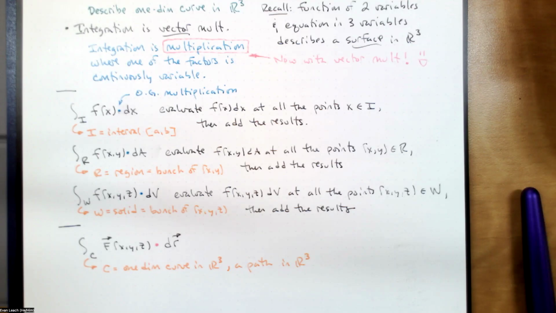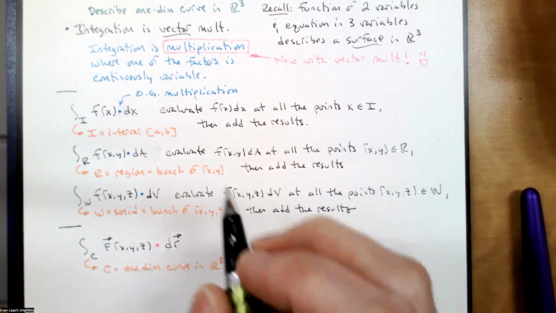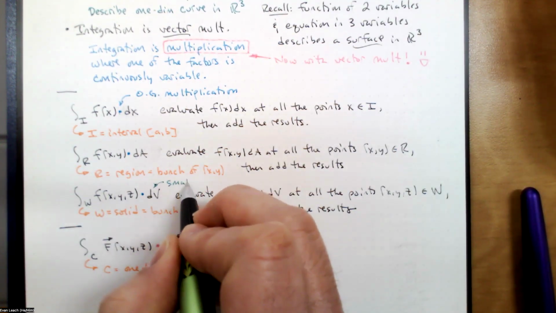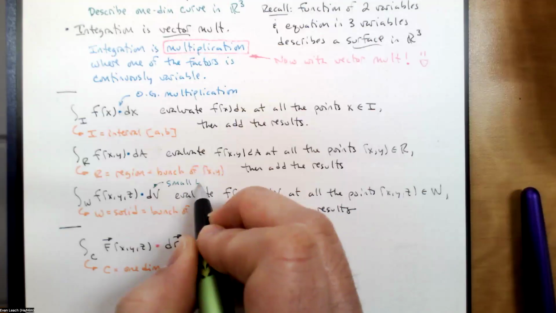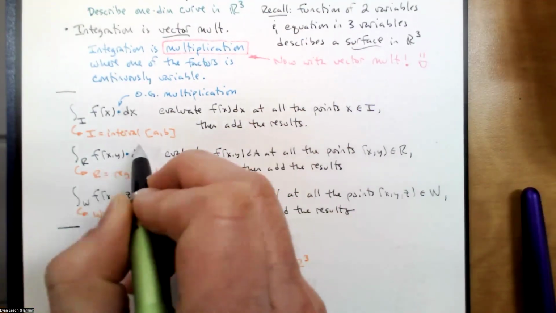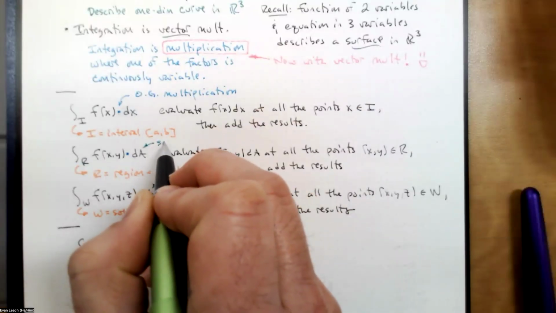dr is the same as dx, dA, or dV. dV, if you recall, would have been like some small chunk of W, just like dA was some small rectangle in the region.